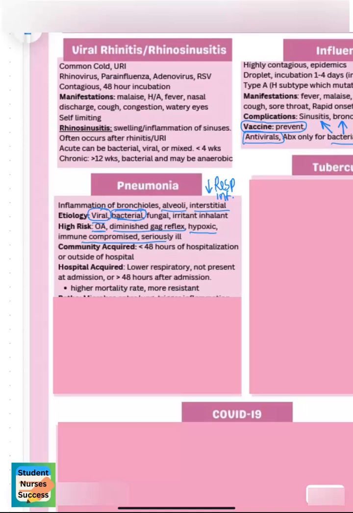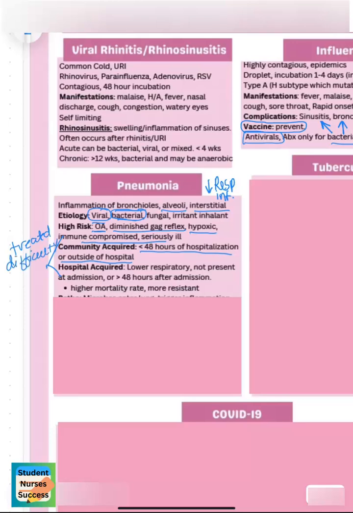You caught that bacteria out in the community setting. So community acquired is outside of the hospital or less than 48 hours in the hospital. The reason this is important is because we treat these differently.